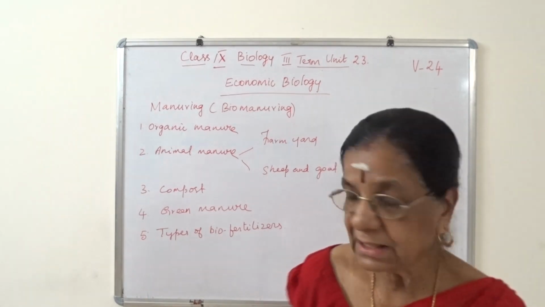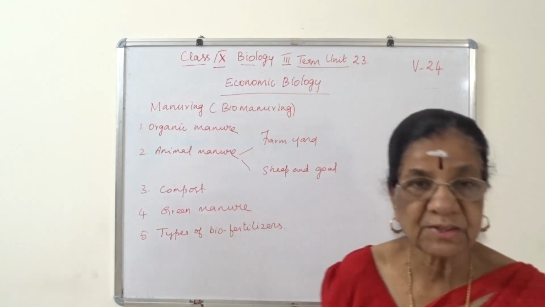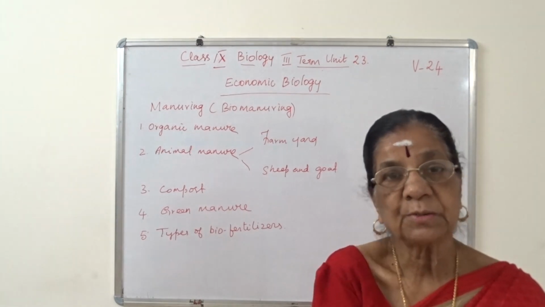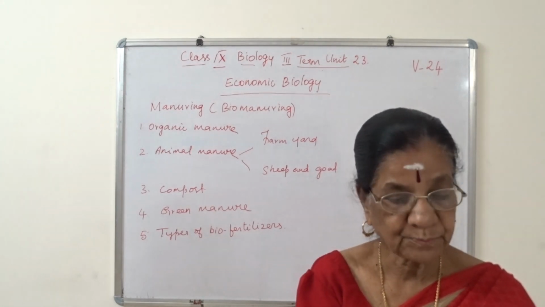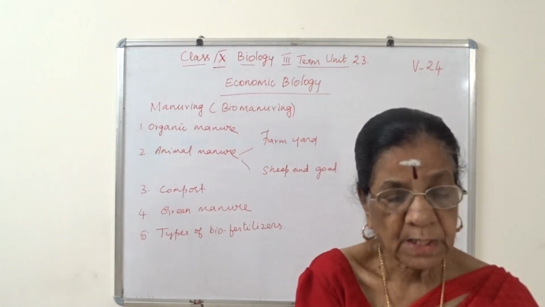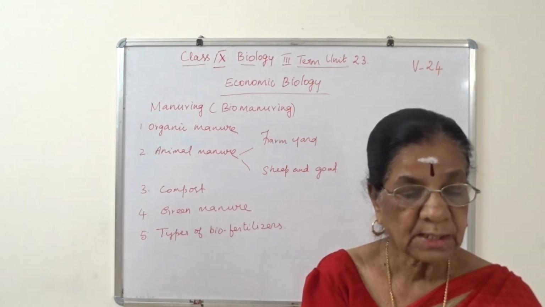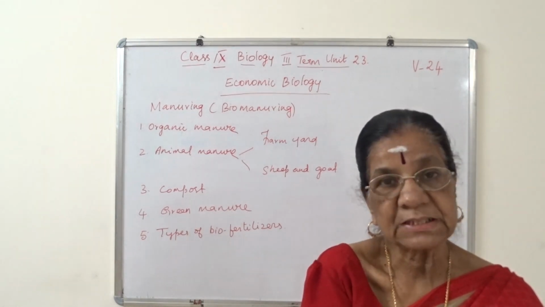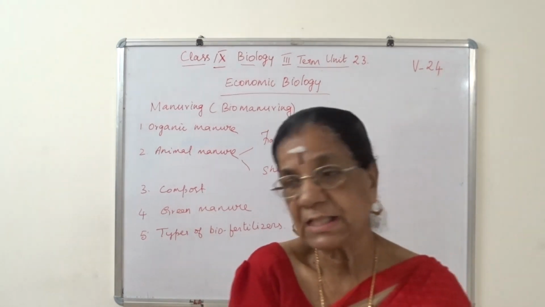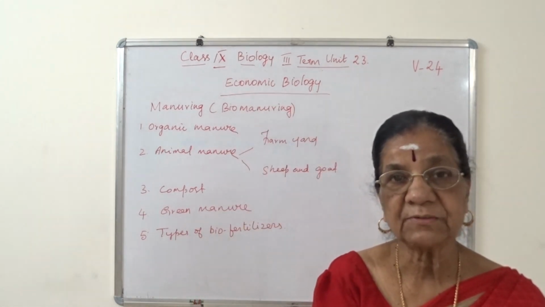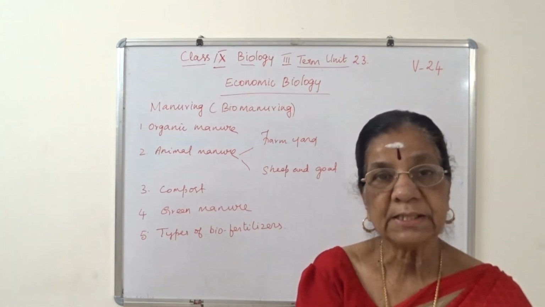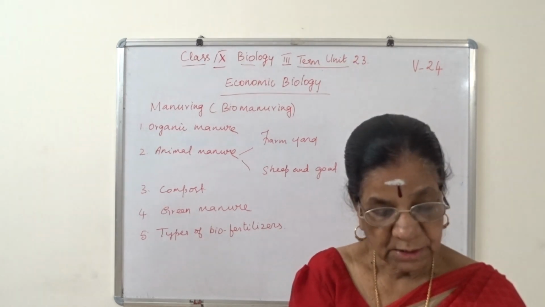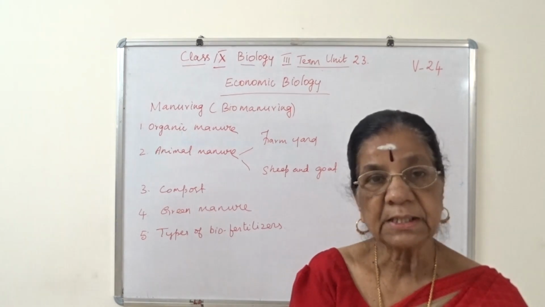Some of them, as I said, are animal manure, under which we have farmyard manure and sheep and goat manure. Farmyard manure is a mixture of cattle dung, urine, litter material, and other dairy waste. We will go into detail in the picture presentation; this is only an introduction. Then sheep and goat manure, then compost, then green manure.